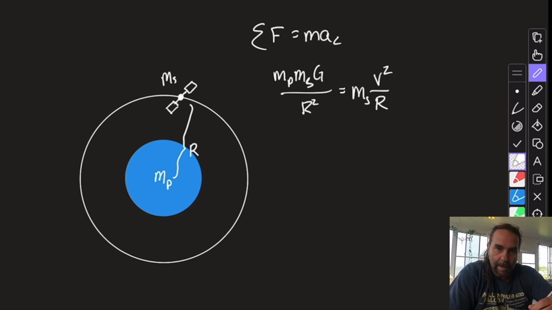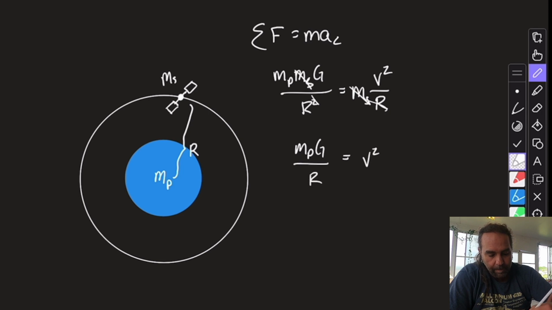And now I can figure out how fast I'm going, but don't solve for V, solve for V squared. So I'm going to solve for V squared by canceling those out, cancel out one of the R's, and I get V squared equals MPG over R. Great. So how much kinetic energy does the satellite have?